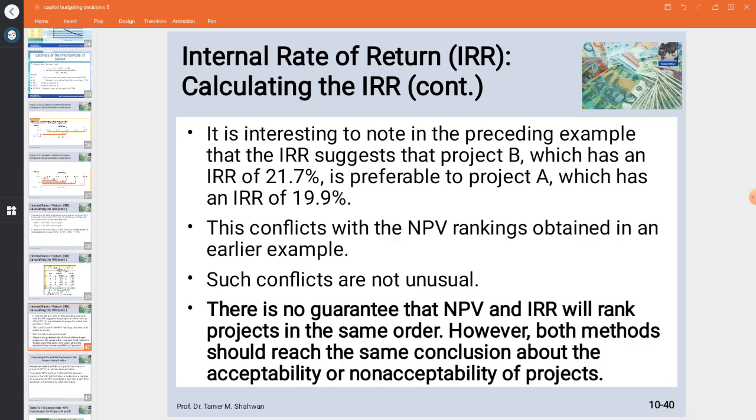By the end of this lecture, we stopped at slide 40. In this lecture, we explained the concept of the capital budgeting process and why this process is important.